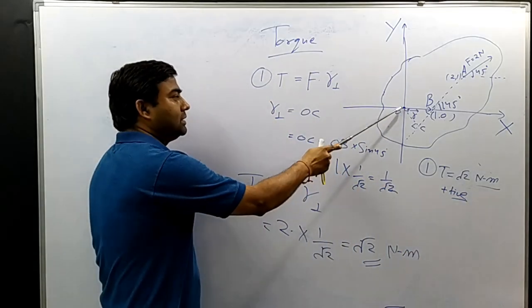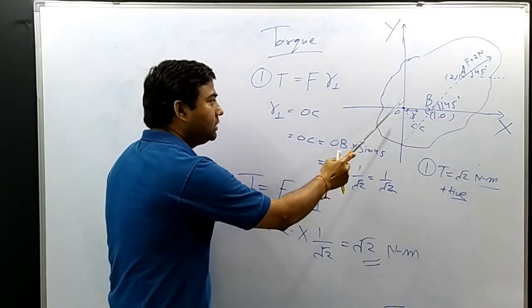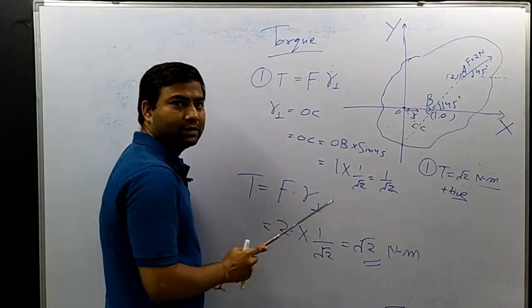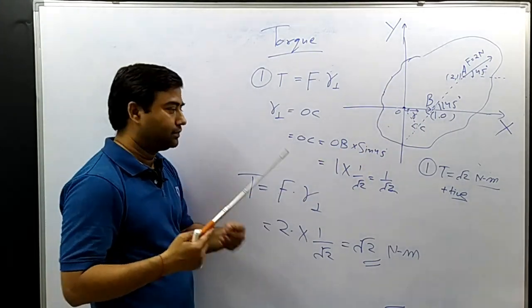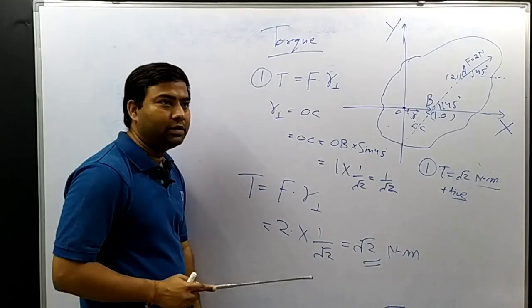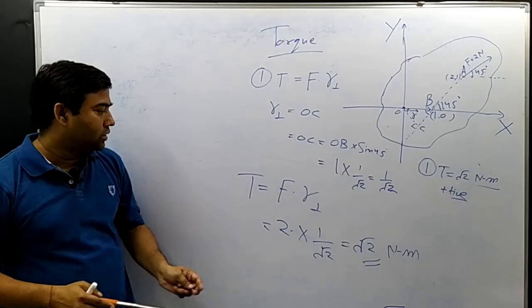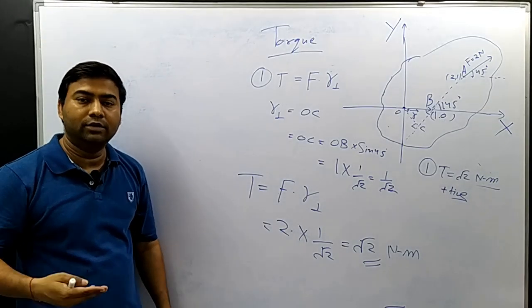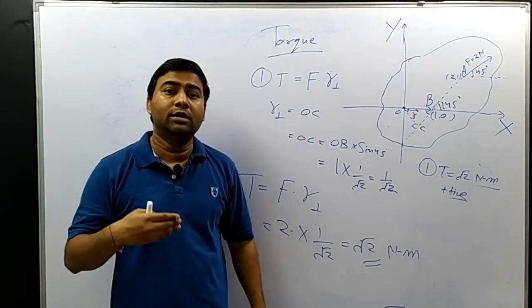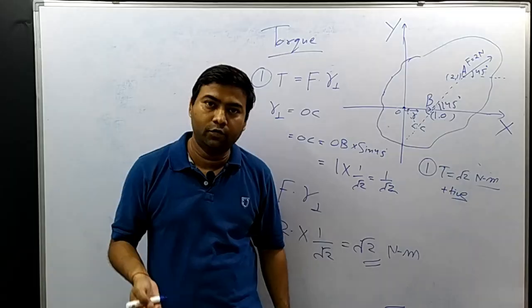That means the torque is upward from the board, perpendicular to R and F, that is, the plane of this board, and towards the viewer, positive, or you can say anti-clockwise. All are the same. So this is the first method, by finding the arm of lever or arm of moment, or perpendicular distance from the point to the line of action of the force.